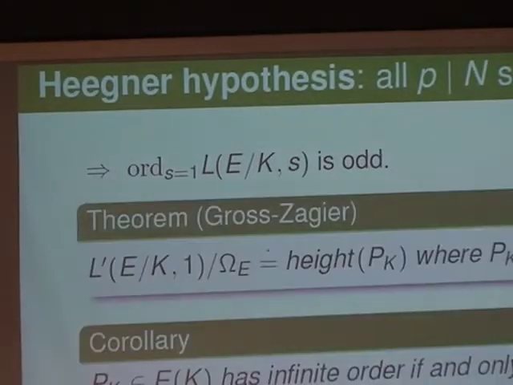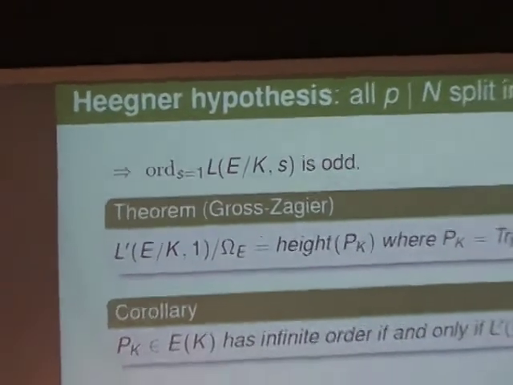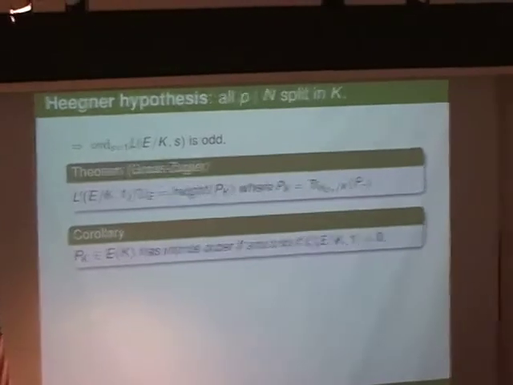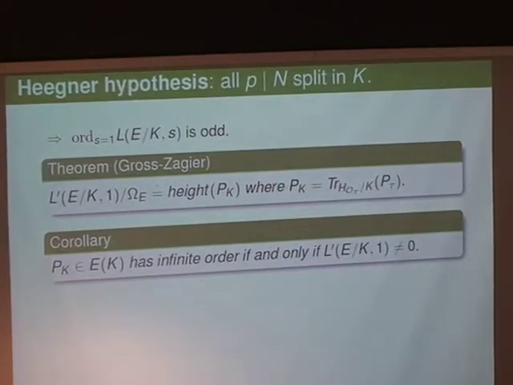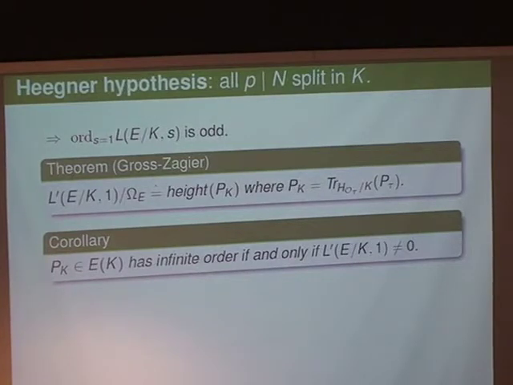Okay, so since we believe in the Birch-Swinnerton-Dyer conjecture, this means that if it's odd, it's at least 1.